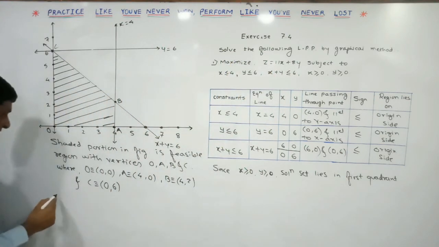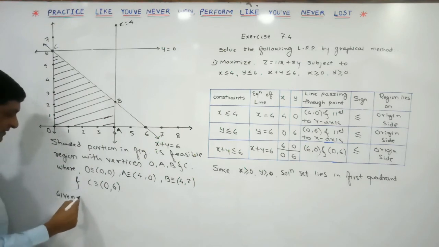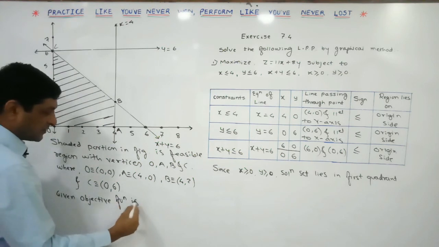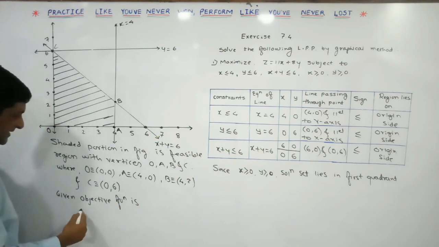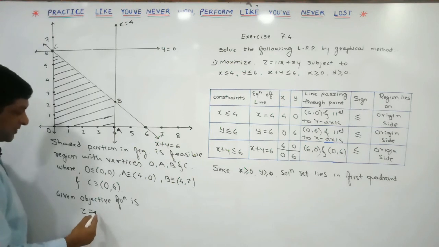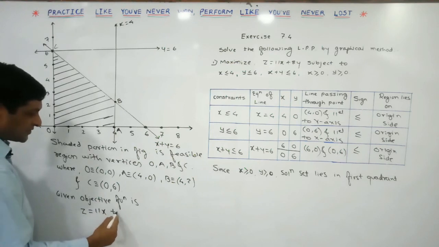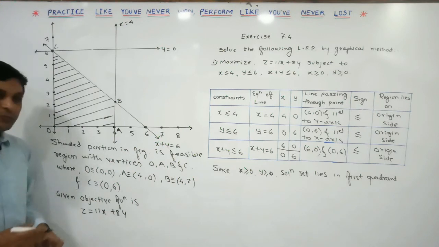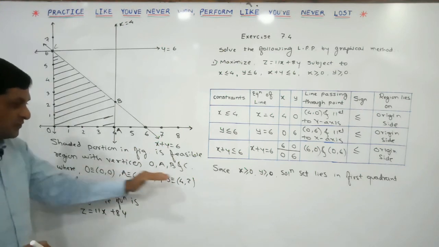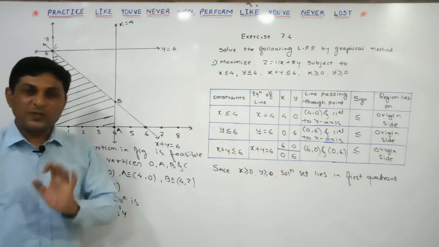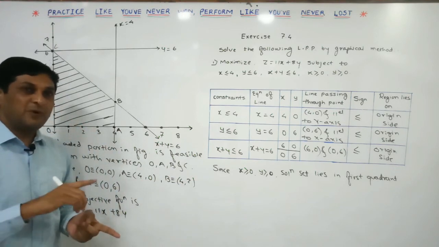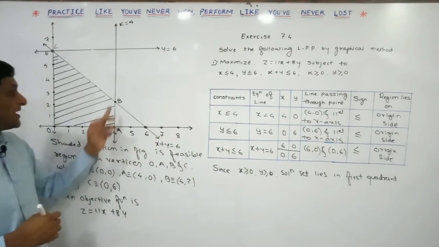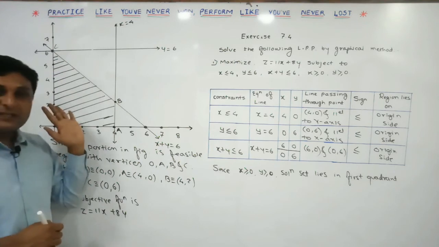Once the coordinates of all the vertices are known to us, consider our objective function. The given objective function is Z is equal to 11x plus 8y. Now our aim is to find the value of this objective function at all these vertices, because the convex polygon theorem says that the maximum or minimum optimum solution lies on the vertices of this feasible region.